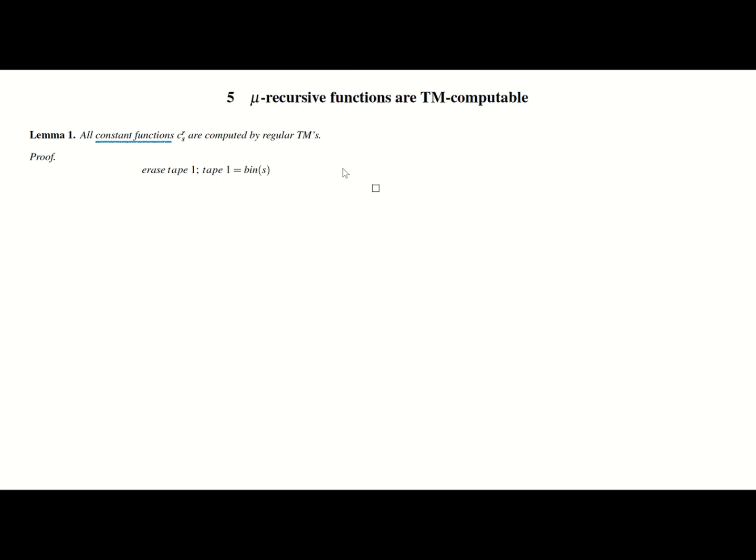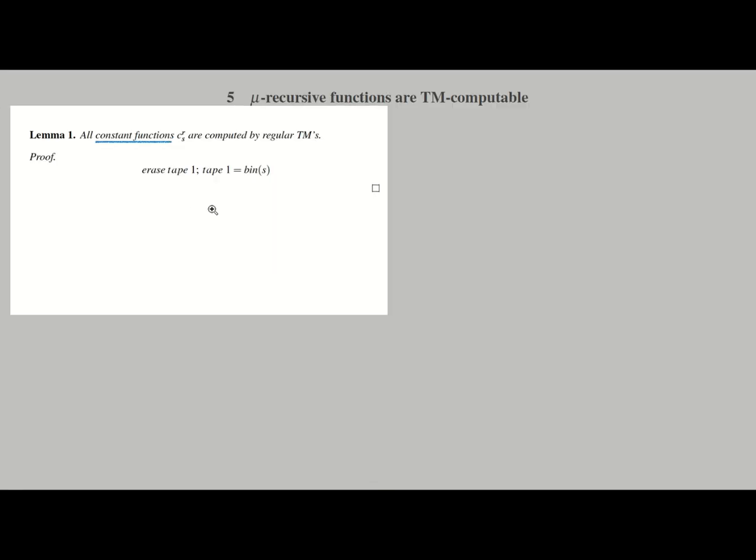But first what we have to establish is that there exist Turing machines that compute constant functions. What is a Turing machine that computes constant function 7? Let's say a function that takes r many inputs and outputs 7. Yeah, exactly. So this is a Turing machine that is written here.